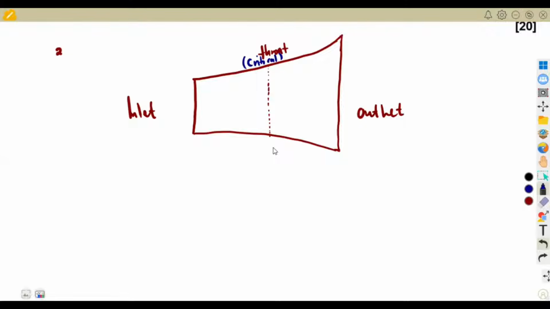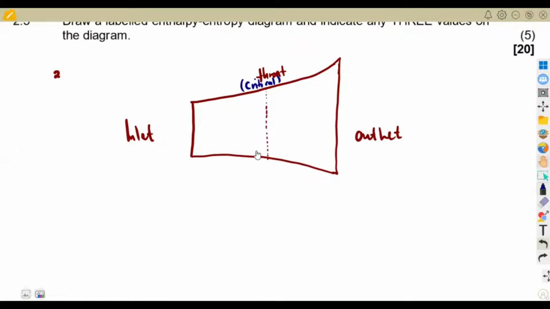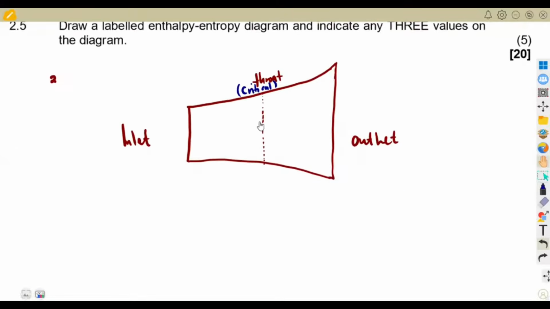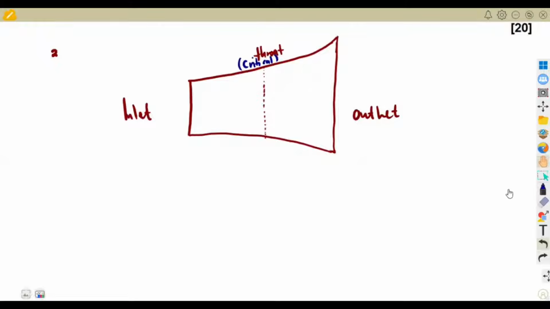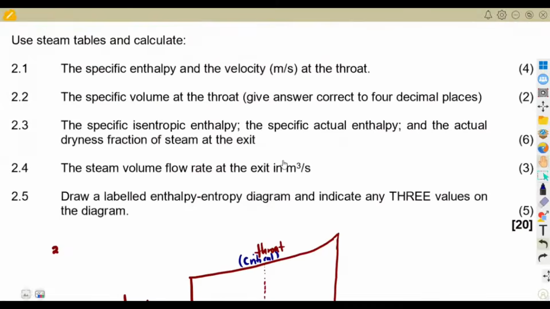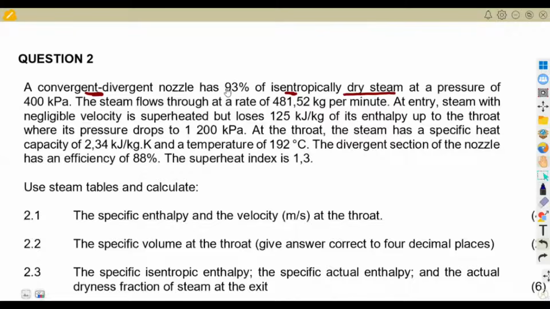So the question is, what are we given? This is for steam. I want us to check what is entering here. We are given that it is 93% isentropically dry steam at a pressure, which is at this inlet, of 400 kilopascals.